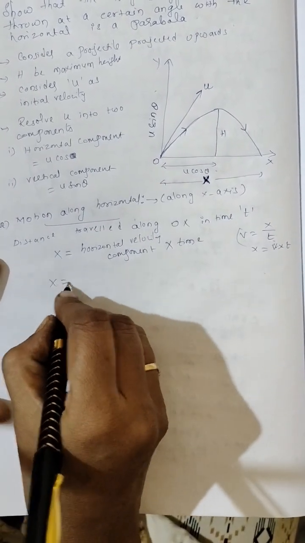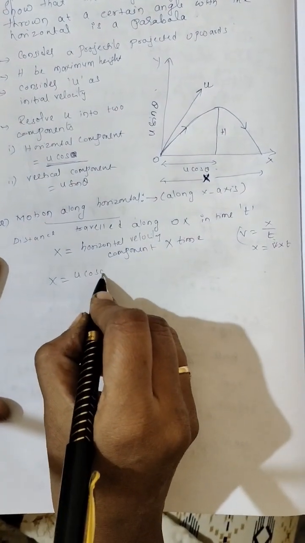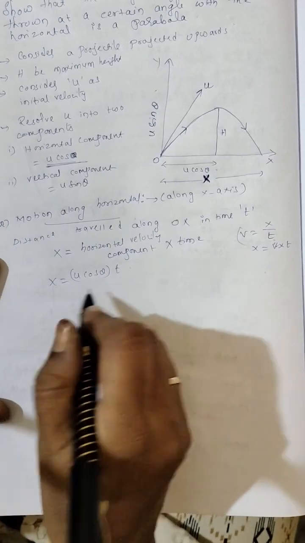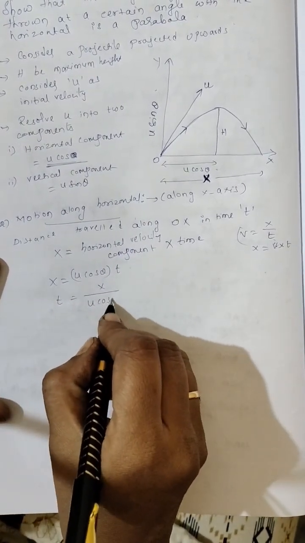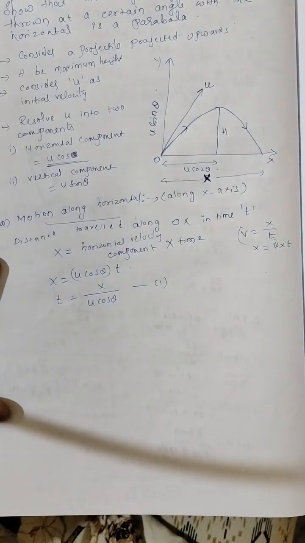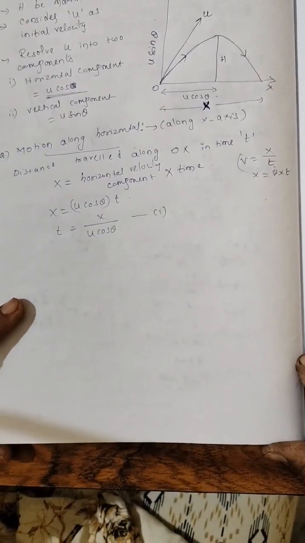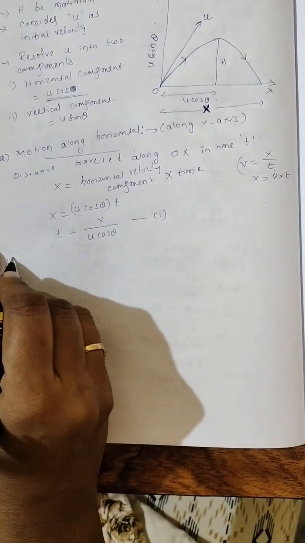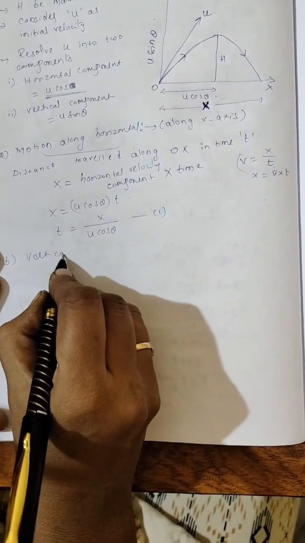What is the horizontal component of velocity? u cos theta. Time you assume as t. From this, I can write t as x by u cos theta. Put it as equation 1. 50% of the answer is completed. Very easy, don't confuse.